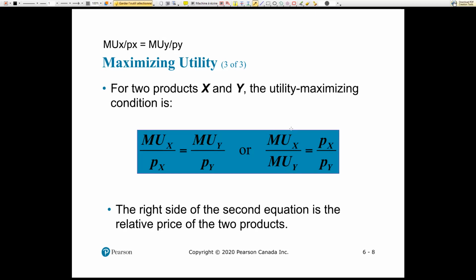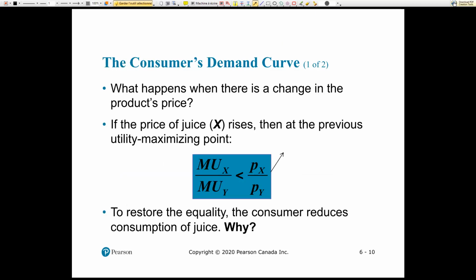So in that way, the marginal utility of X is going to increase, and this ratio is going to go up. And if I consume more of Y, then the marginal utility of Y is going to decrease. So this is how I'm going to be able to restore this. Exactly. So if Px goes up, then MUX goes up and MUY goes down.